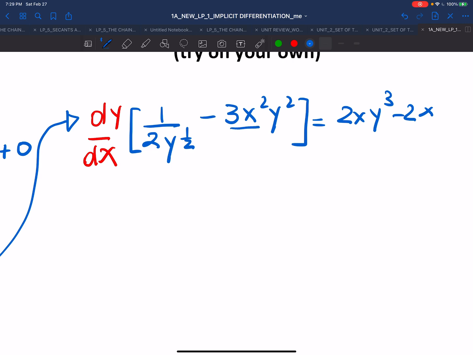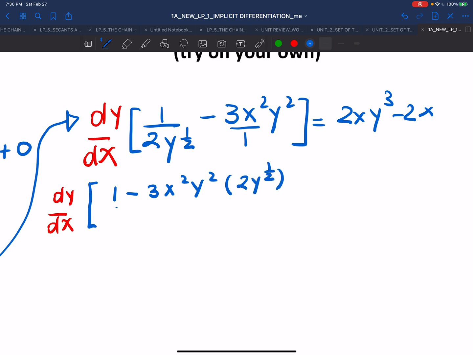Another thing we can do in this case is bring these two terms together. So we'll have dy dx, and then 1 minus 3x squared y squared times 2y to the power of 1 over 2, equals 2xy cubed minus 2x.